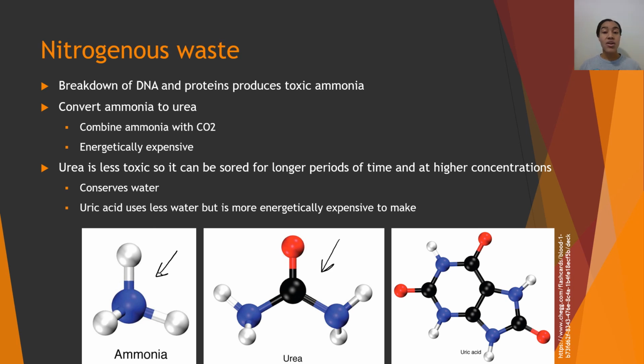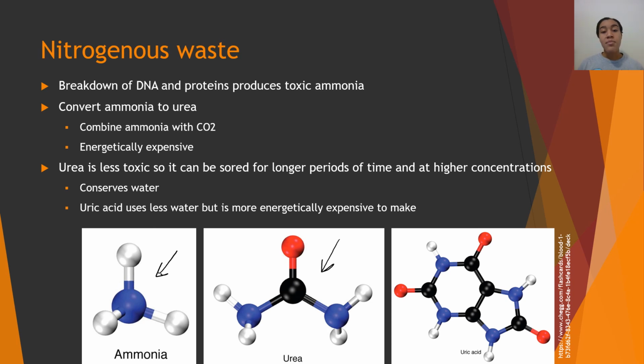So we can store it in our bodies for longer periods of time, and we can also store it at higher concentrations than you can store ammonia because it's not nearly as toxic. If we can store it at higher concentrations, that means we can also conserve water. We don't have to lug around gallons and gallons of extra water to dilute urea because it's relatively non-toxic to us.